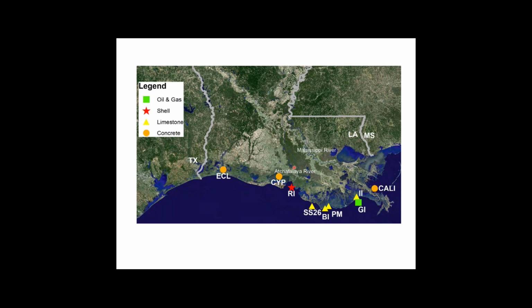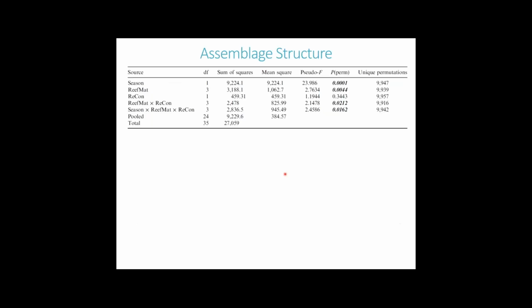We actually got paddlefish DNA, and this reef's about 5 miles offshore, which is clearly derived from the Atchafalaya River and its outflow during the high spring flooding events. So it seems as though seasonality, particularly flooding events, is a big driver of the fish assemblages in these near or inshore coastal reef environments.